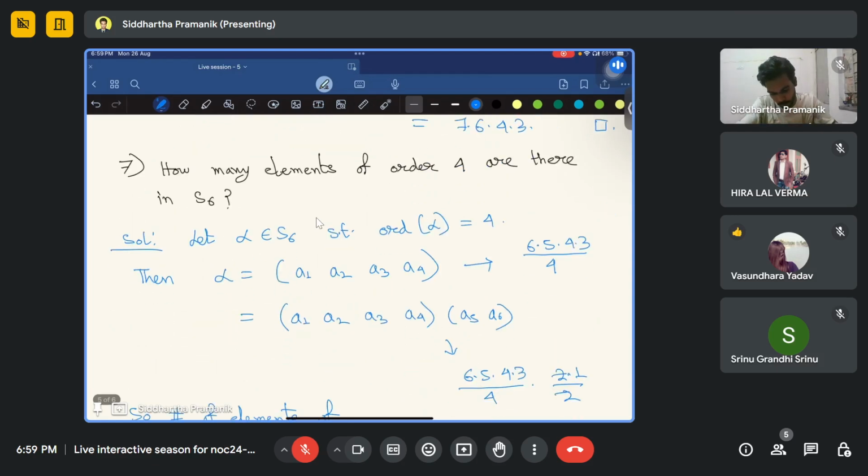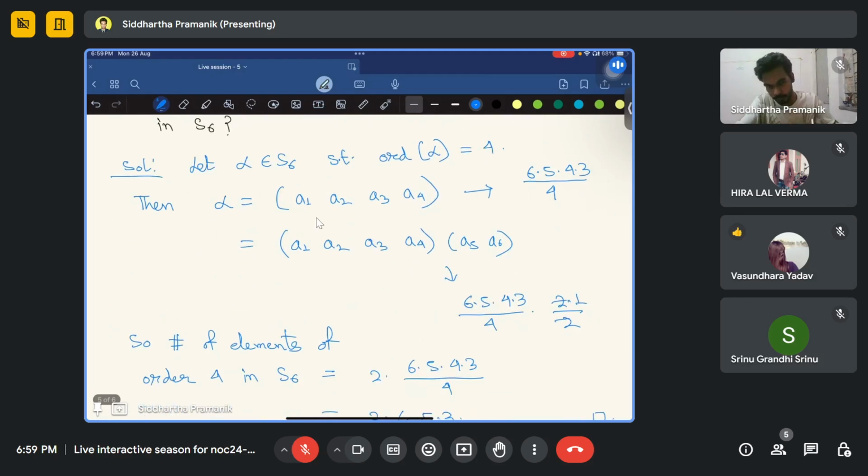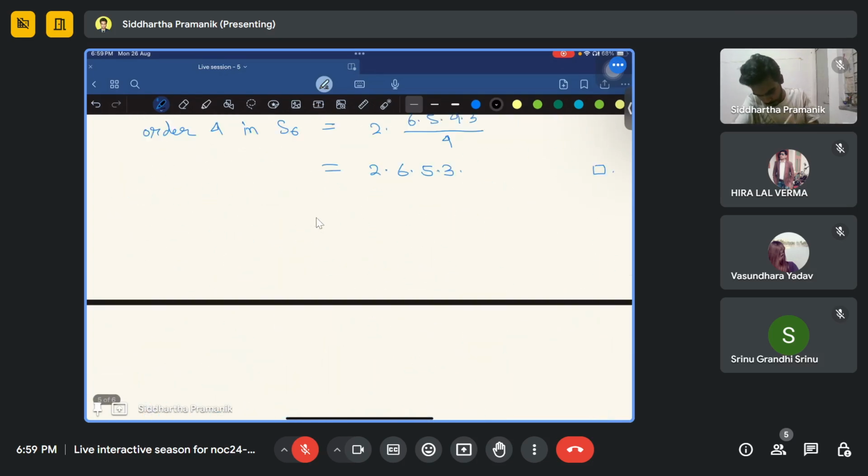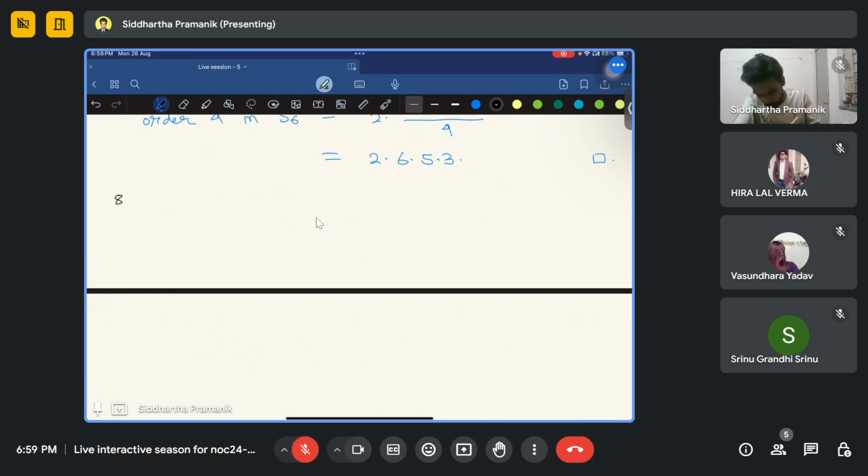So let's do one more problem of this type, so that it is clear for you and so that you can do it on your own.